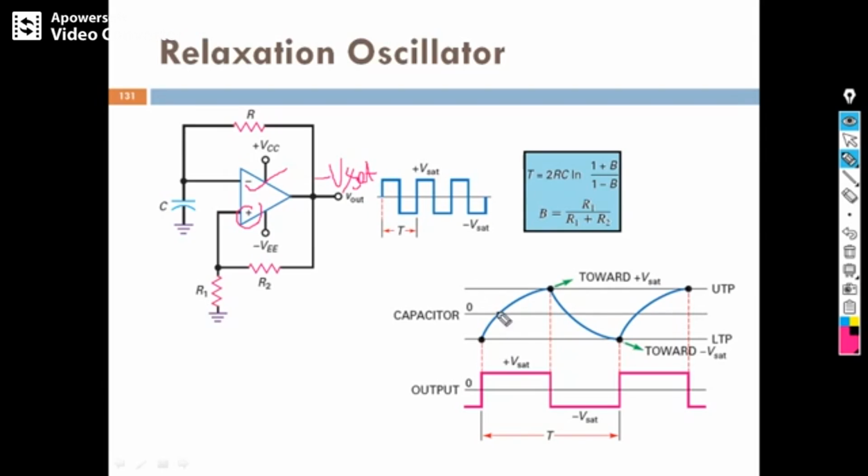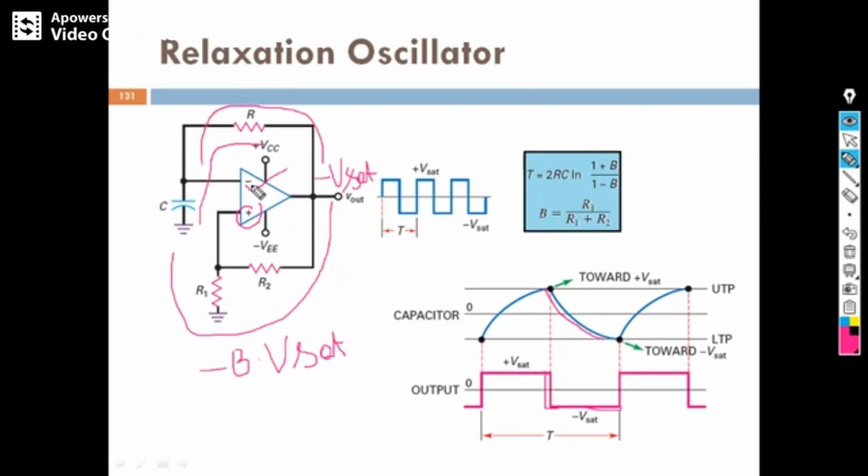When the output becomes minus Vsat, the same voltage is fed back to the capacitor and now the capacitor will discharge. What output is fed back to the non-inverting terminal? It is the same, but it is B into minus Vsat.